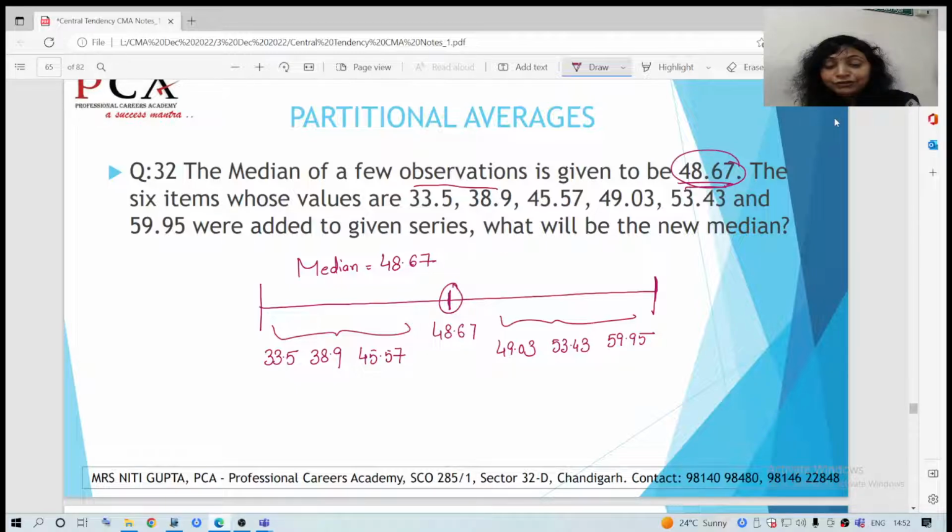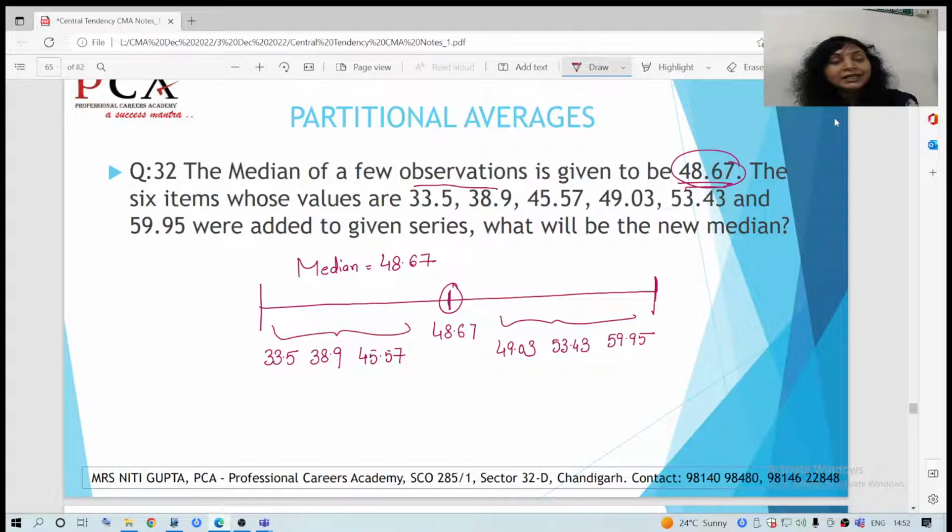So now we have to find the new median. We can check whether the items we have introduced have affected the position of median or not. There are 6 items and they are equally distributed on both sides: 3 on the left hand side less than median and 3 on the right hand side greater than median.